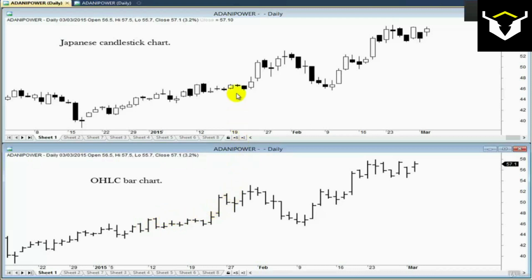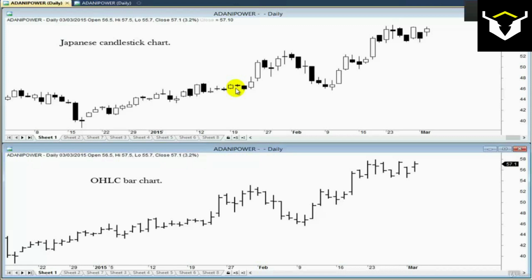You can easily identify which days were positive, which were negative, which days prices remained almost unchanged, or on which days prices failed to move up or down.